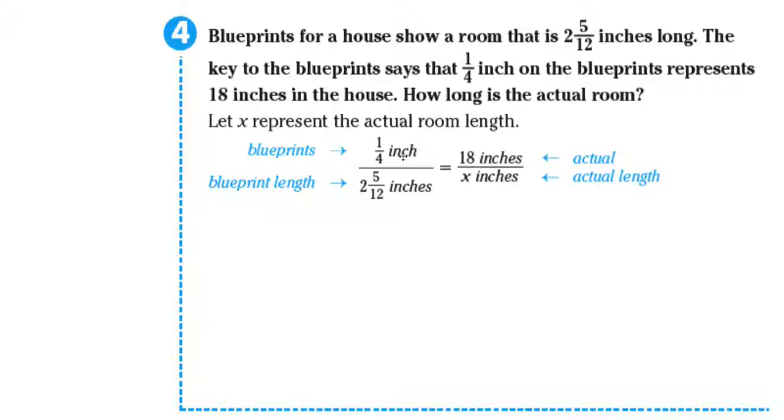And again, there is a relationship within the ratio. So if you use this particular ratio and use cross products, you now have 1/4 x is equal to 18 times 2 and 5 over 12. Okay.